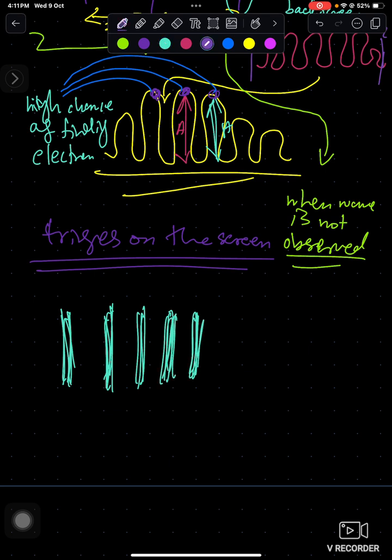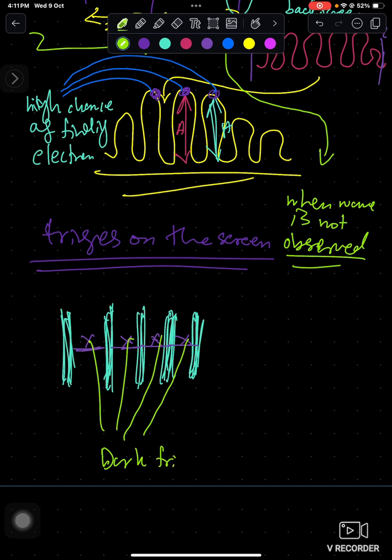Here, this area, and this area, and this area, they are known as dark fringes. This is a bright fringe.